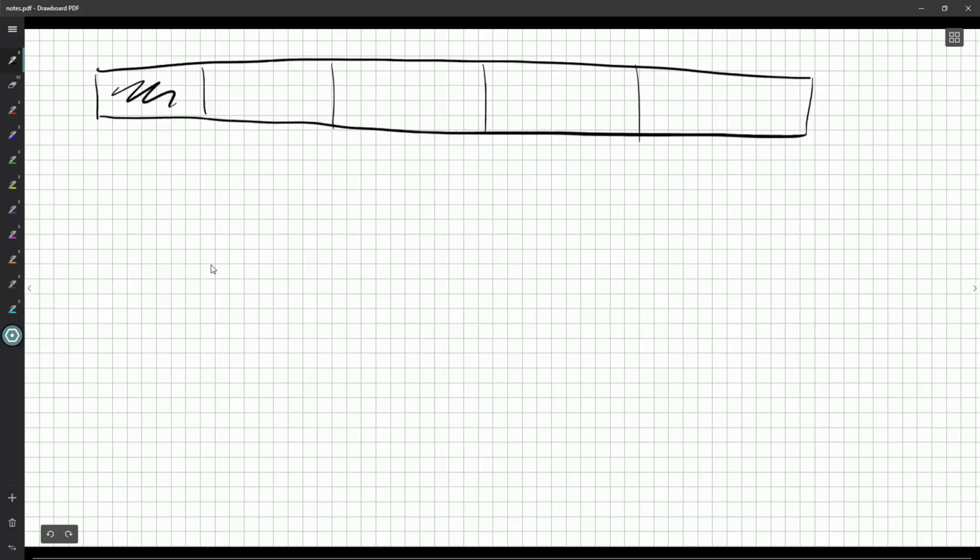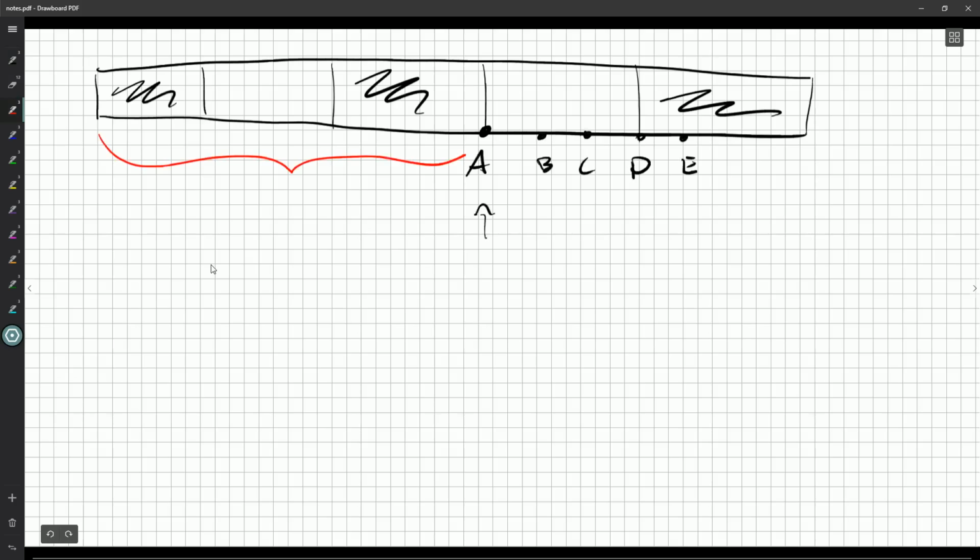And what's shaded, shaded, shaded. And then A is right on a cut, D is right on a cut, E is just after, and B and C split these up. So, even if I make the cut at A, I am guaranteed to have this amount of the ribbon left over.